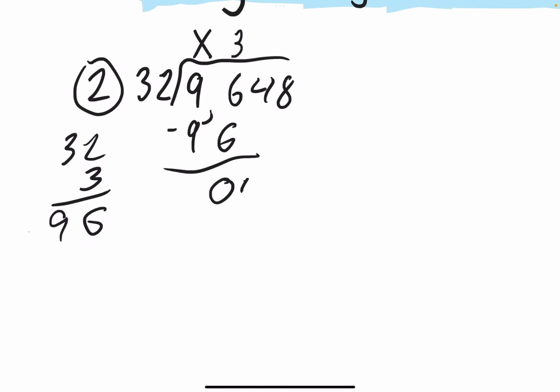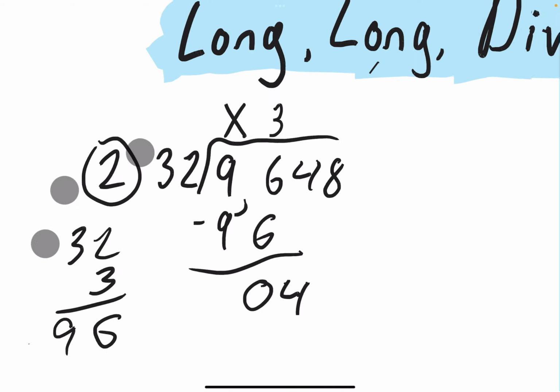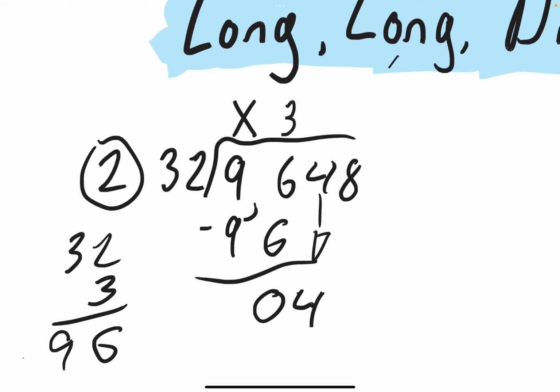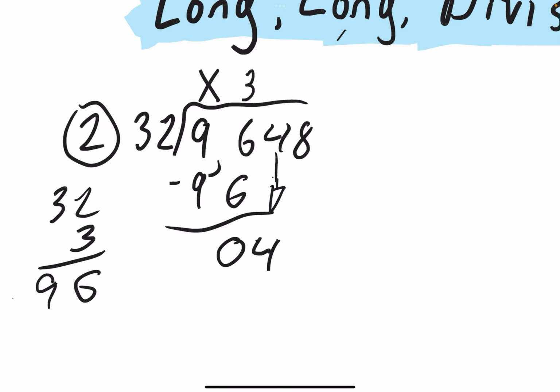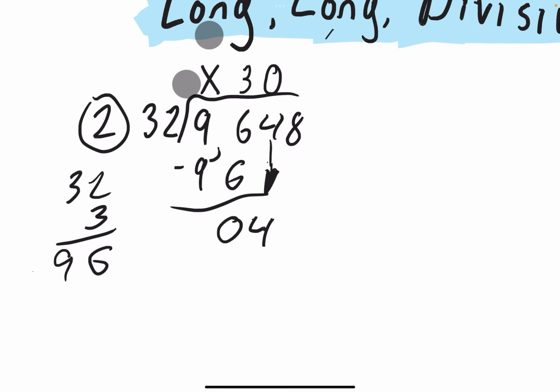Now we have a 4, but even after dropping down the 4, it still doesn't work. So what that means, if you drop a number down, but it still doesn't reach the 32, instead of putting an X, what you do in the middle of a few numbers is put a 0. So this will become more clear as we do some more problems.